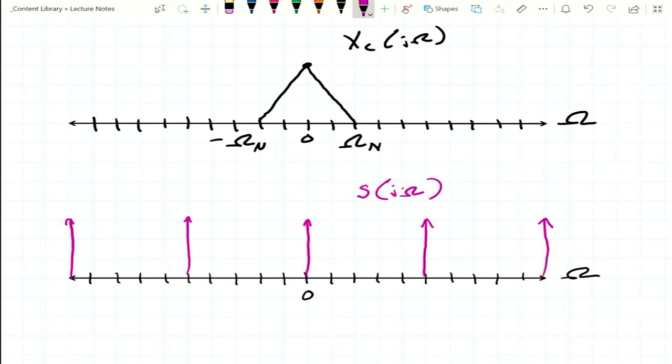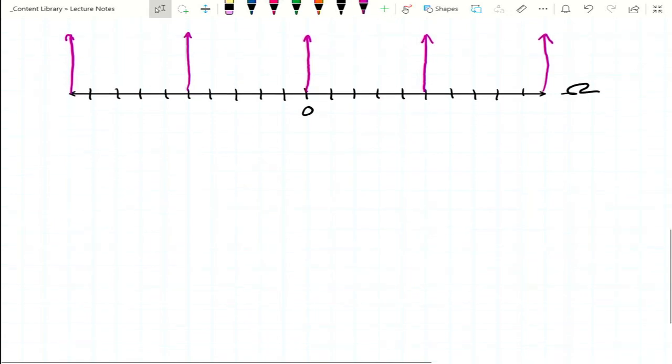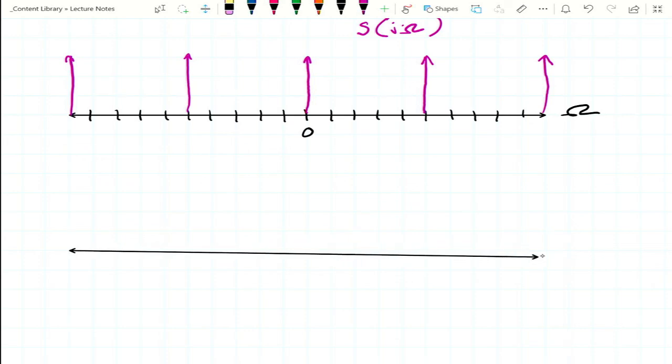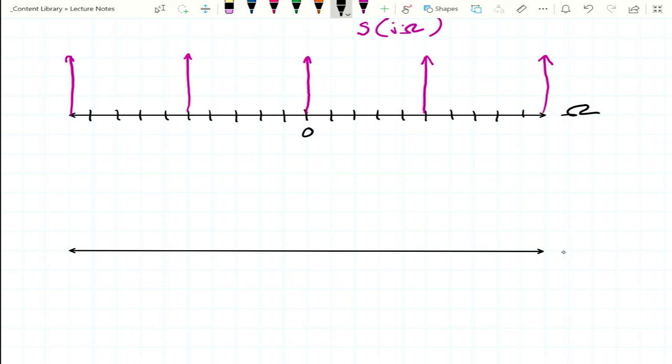Which means that when we get the sampled signal that comes out the end, in the frequency domain, this point is omega sub s.